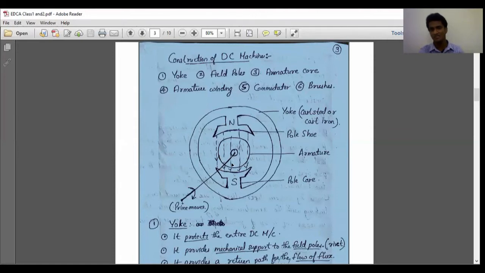In the armature. Clear? That armature winding should be supplied by electric power. So the armature conductor should carry an electric current. That is what we said: when a current carrying conductor is placed in a magnetic field. So we should apply a supply to the armature windings. What type of supply? That is very important.